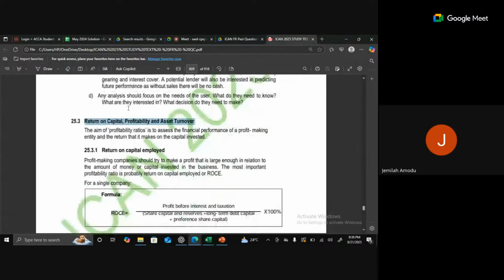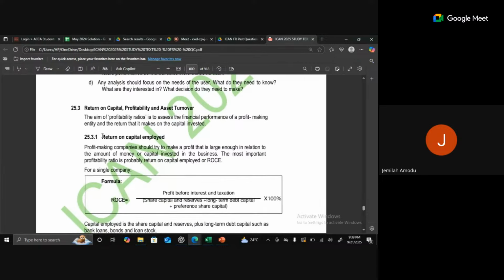Now, they say the aim of profitability ratio is to assess the financial performance of a profit-making entity and the return that it makes on capital investment. You're just trying to check, the capital that was invested in this company, how much is the return, right? Or what's the ratio of the return that was made from this capital? So that is basically what you are looking at.